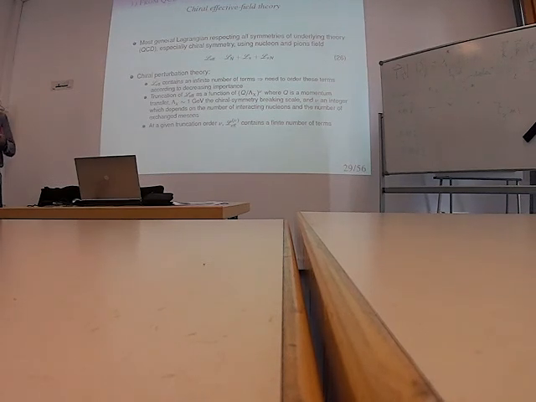And you end up with an infinite number of terms, obviously. So we need to order them. And this is where chiral perturbation theory enters the game. We need to identify small and large terms according to a specific scale. And the scale is the pion mass.